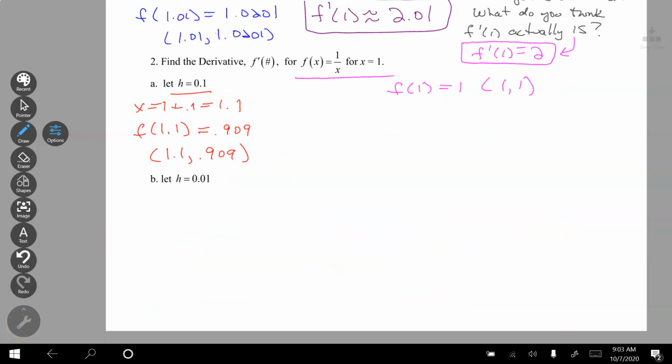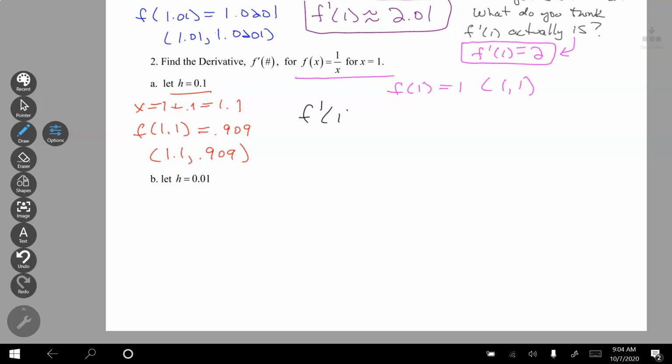Okay, another example, I have a different function. This time I have the function 1 over x, but I'm still using x equal 1, so I have the original point 1, 1. When I do an h value, the h value is not the new x value. I have to add it to the original x value, so the new x value is 1.1. I plugged it into the function, and I got about 0.909. I know there's more decimals, but for right now we're okay.